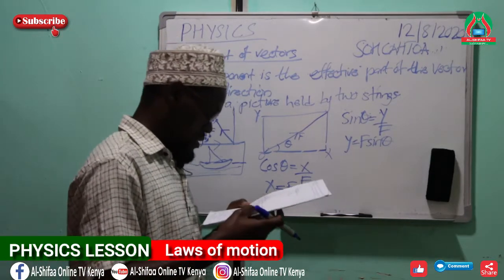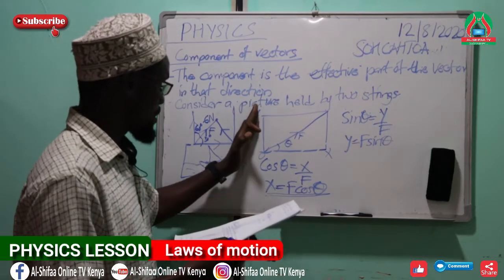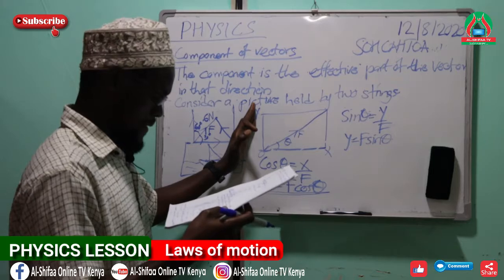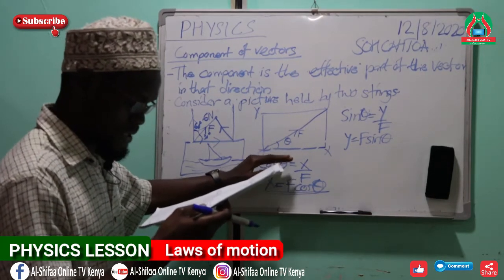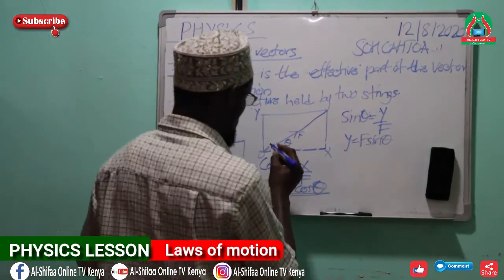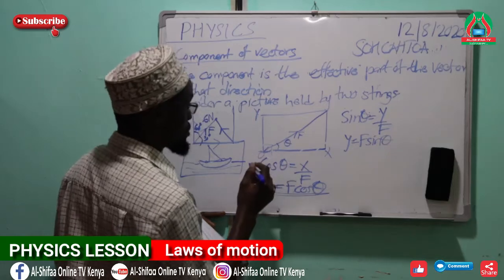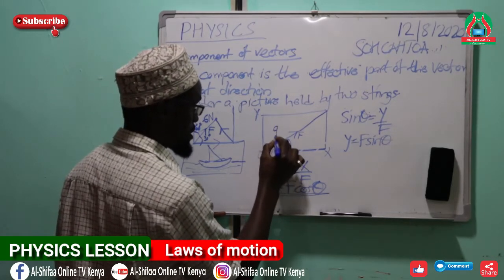Then in a direction OY, perpendicular to OX, F has a component. This total is a right angle, which is 90.